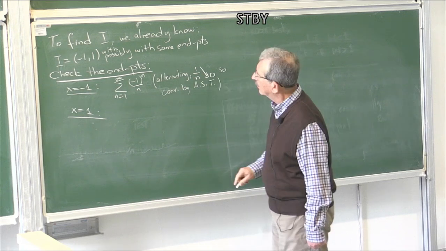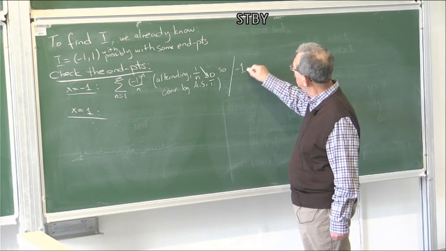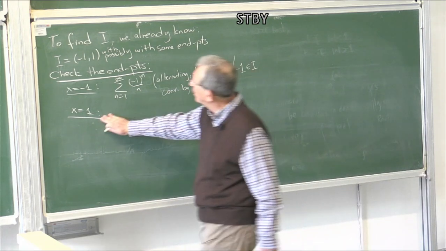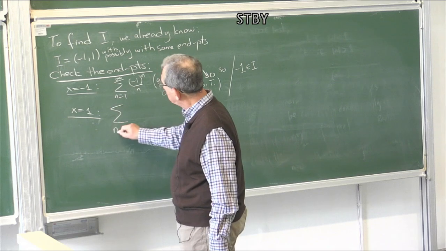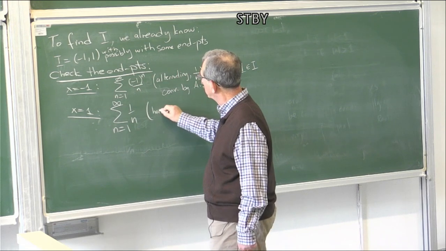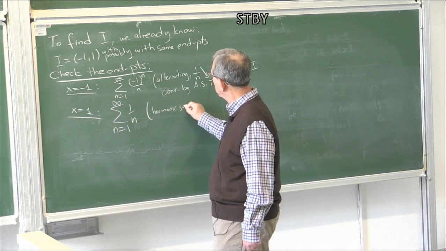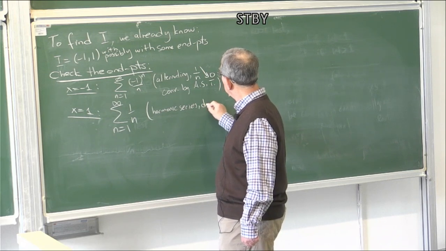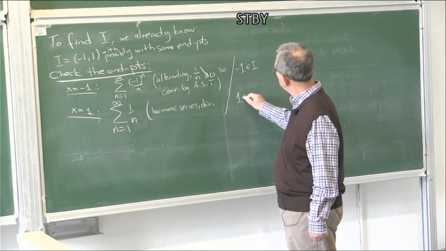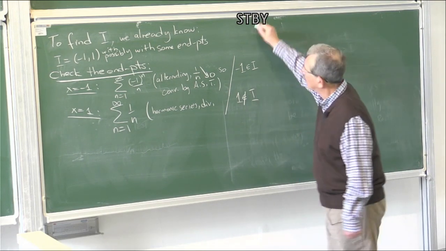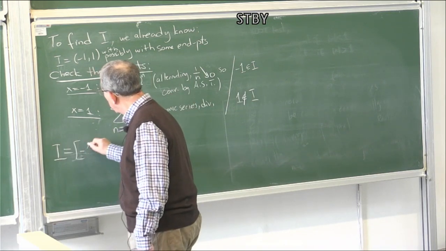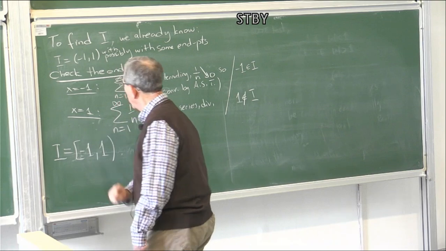Now this says minus 1 is in I. On the other hand, if x is 1, we have the series 1 over n, harmonic series, it's divergent. So 1 is not in I. Conclusion, I is the closed minus 1, open 1.